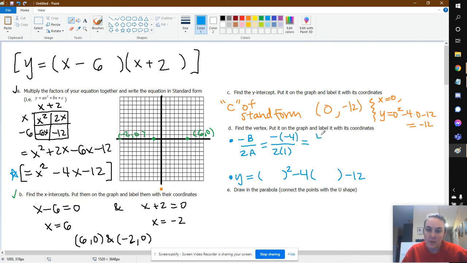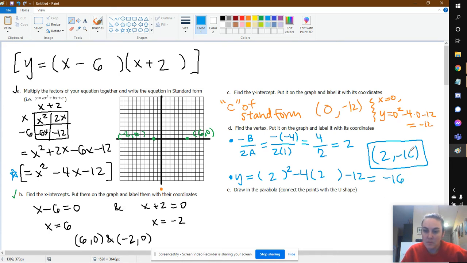So the negative of negative 4 is 4. 2 times 1 is 2. 4 divided by 2 is 2. So the x-coordinate of our vertex is 2. And then when we plug in 2 to this, we get 2 squared is 4, minus 8 is negative 4, minus 12 is negative 16.